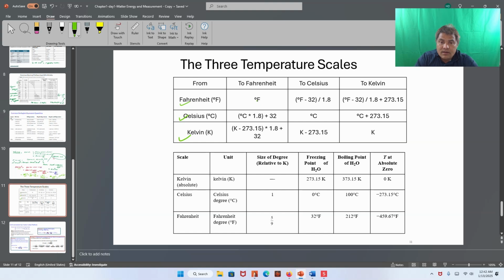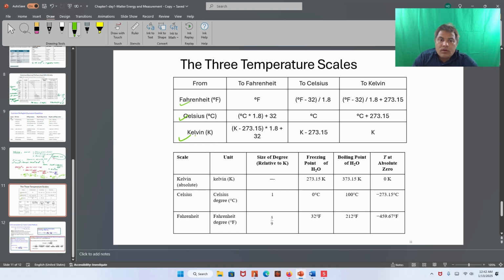Fahrenheit to degree centigrade is this, and centigrade to Fahrenheit is this. From centigrade to Fahrenheit means you have to use this formula.